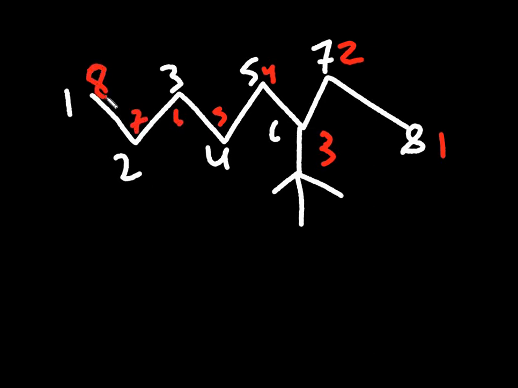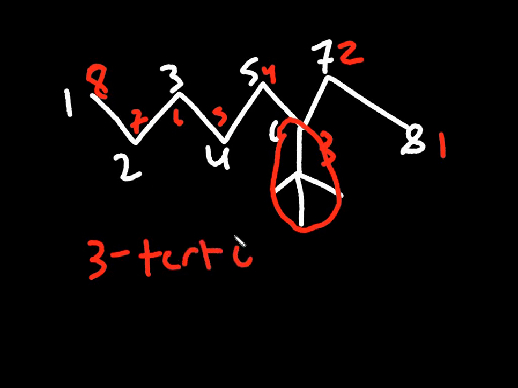Because in this case, on this third carbon you have this substituent. Remember, it's called tert-butyl. So we have 3-tert-butyl. How many carbons is the longest chain? 8. Octane.